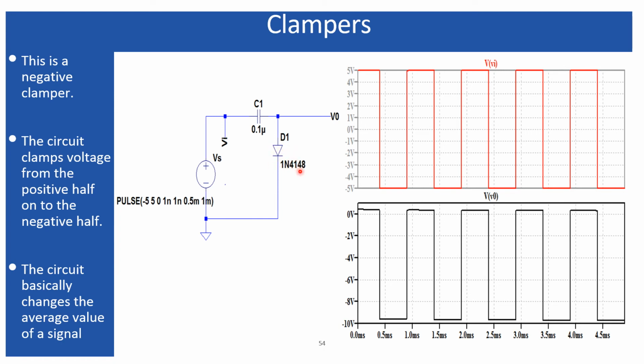For the negative half cycle, it is twice Vp, and Vp is 5 volts, so it will be approximately minus 10 volts. But since the diode is consuming some amount of voltage, it will be minus twice Vp plus V gamma, so just slightly less than minus 10 volt, and that is why we are obtaining it in this way.